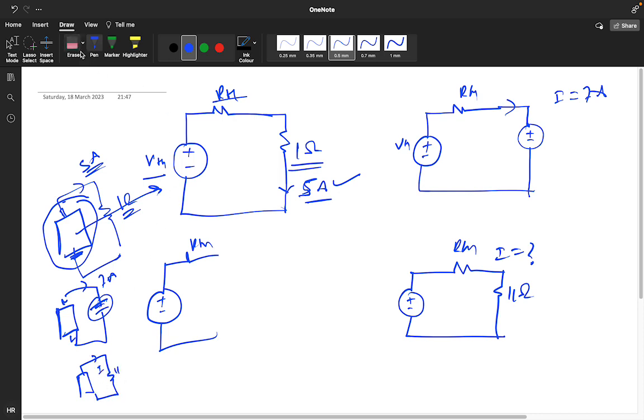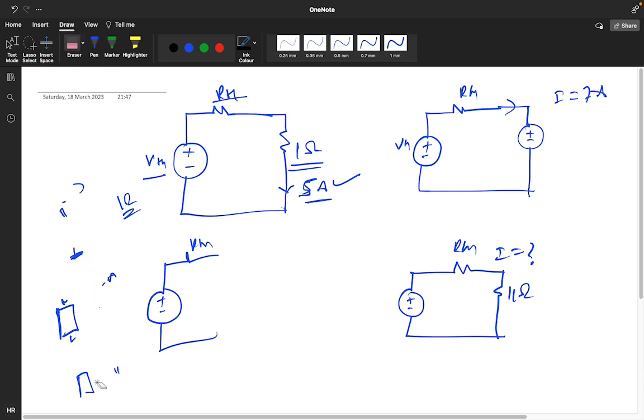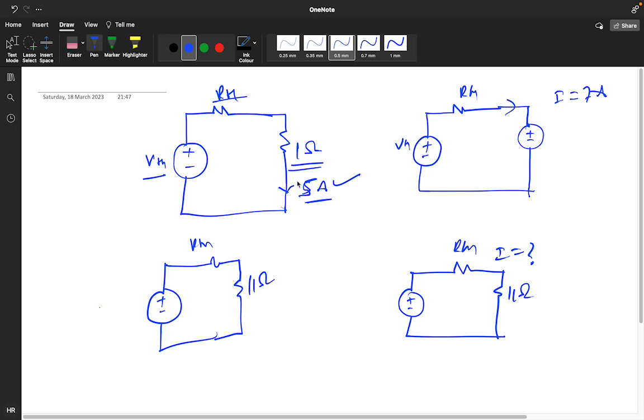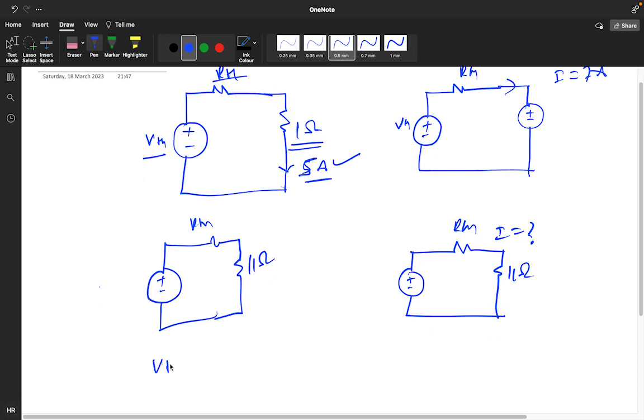So you understood the meaning of the question? How will you find this? Guys, just form the equation. VTH will be 5 RTH plus 5, one equation.